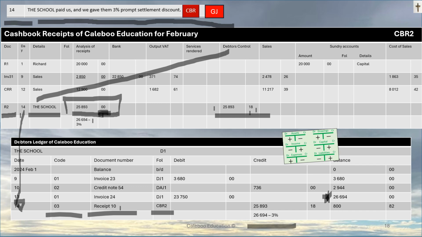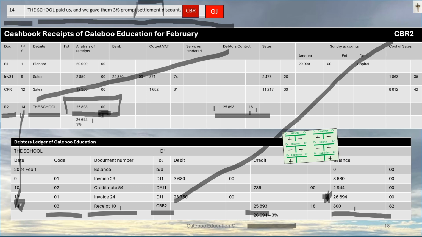And the folio, where did the information come from? The cash book receipts. And the account is credited with the amount less the settlement discount. And that gives us now a balance outstanding of 882 cents. Now that there, because in this transaction they say the school settled their account with us, the balance should end up 0.